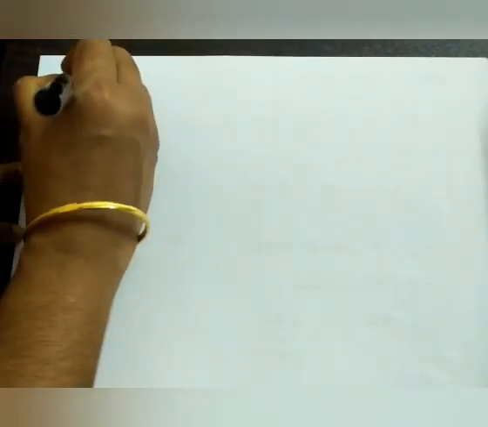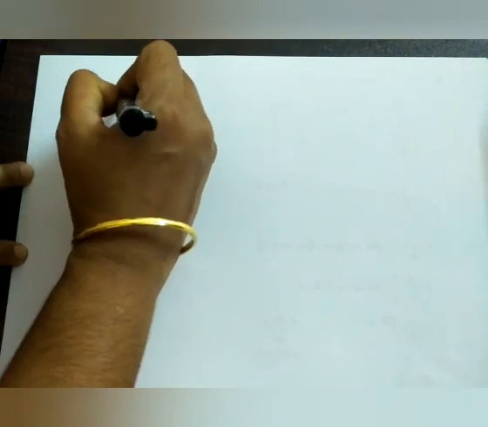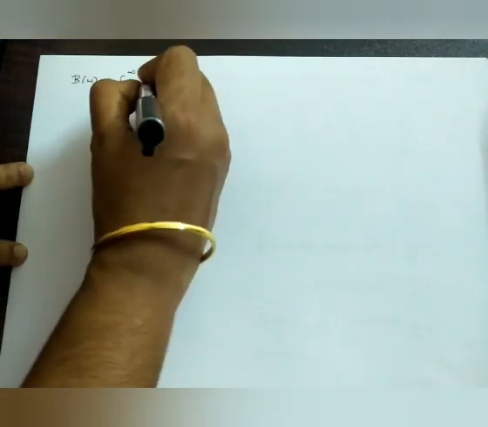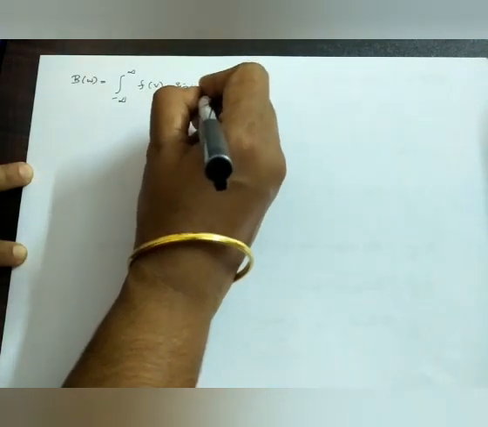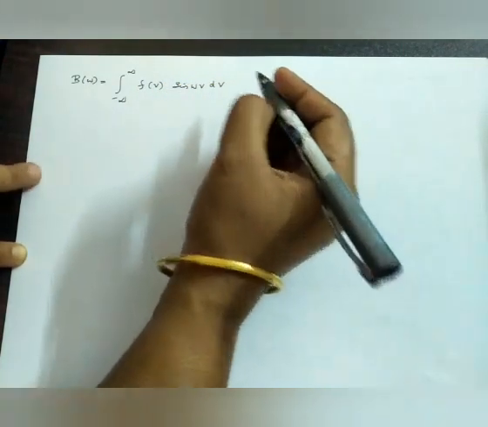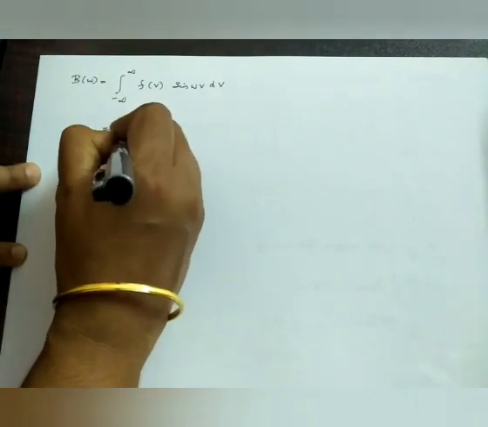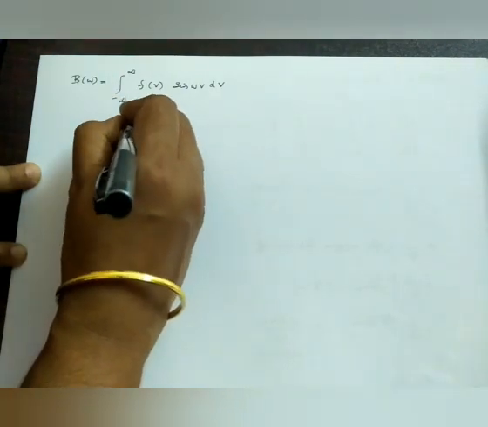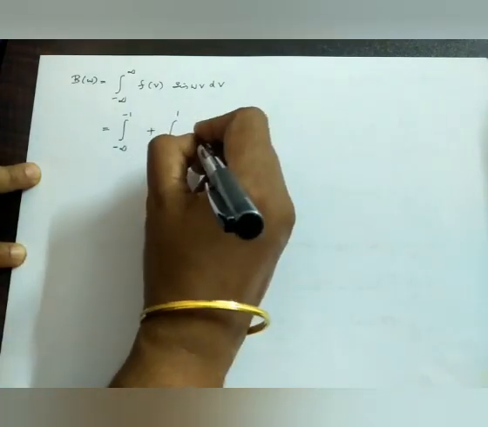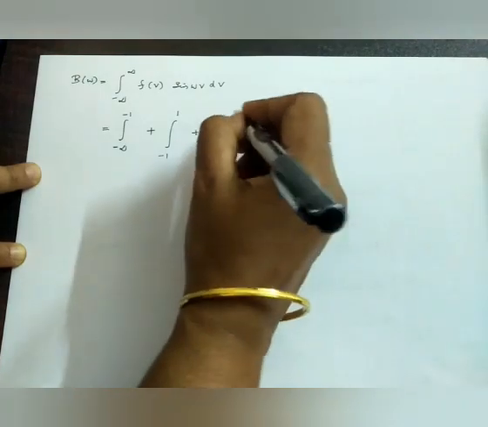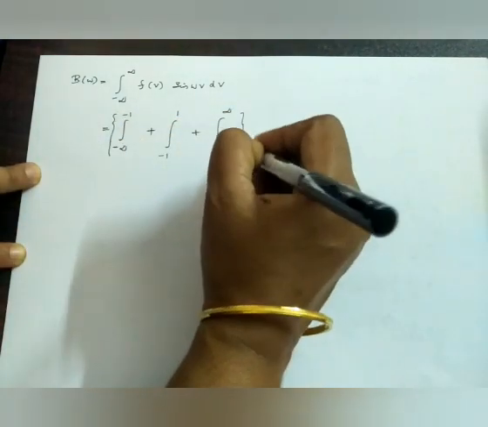Now b omega is equal to integral from minus infinity to infinity of f of v sin omega v dv. Here also we can divide this integral into 3: minus infinity to minus 1, then minus 1 to 1, then 1 to infinity, because our function is divided into 3.